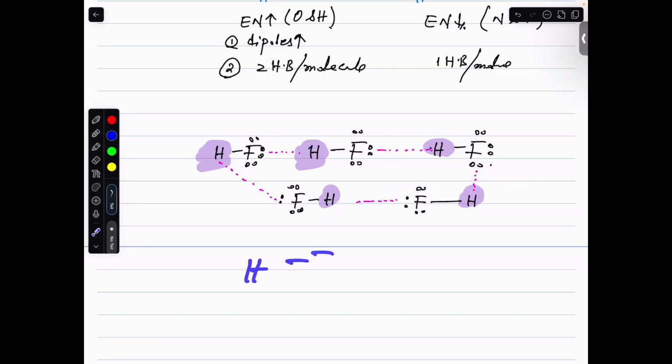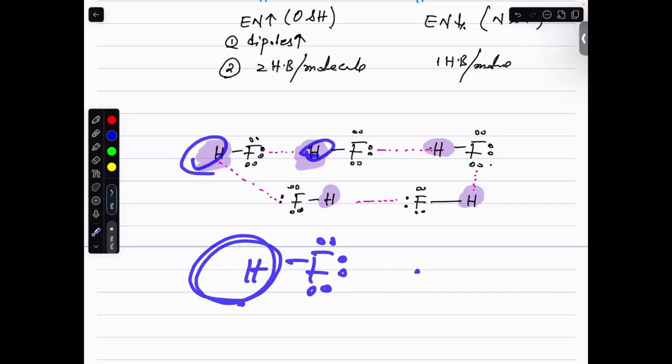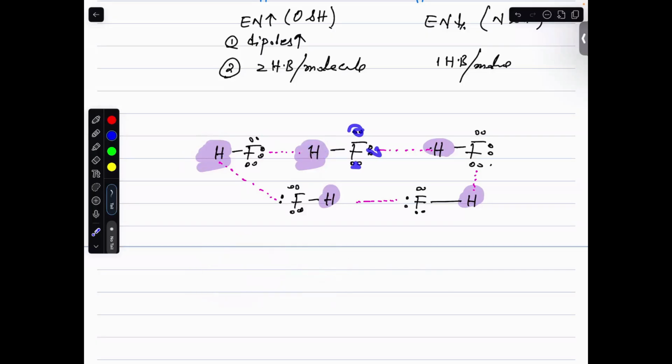In HF, there are many lone pairs, but hydrogens will be fewer. Therefore, the average number of hydrogen bonds depends on the one which is lesser. Even if there are many lone pairs, there is no hydrogen to bond with them, so they are not making hydrogen bonds.